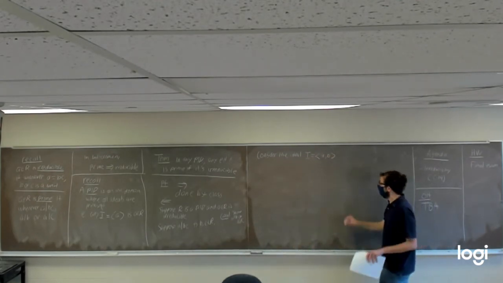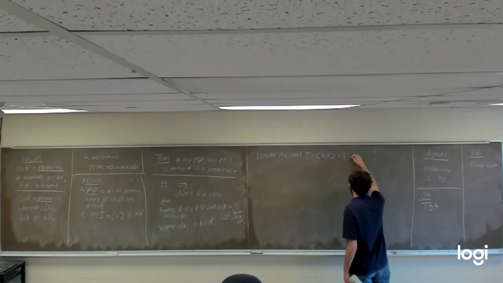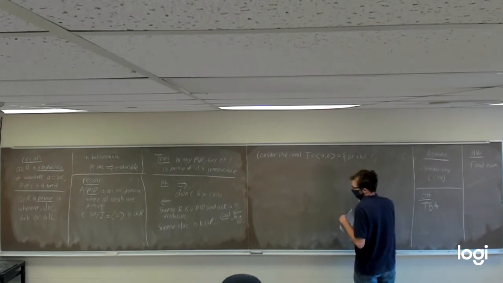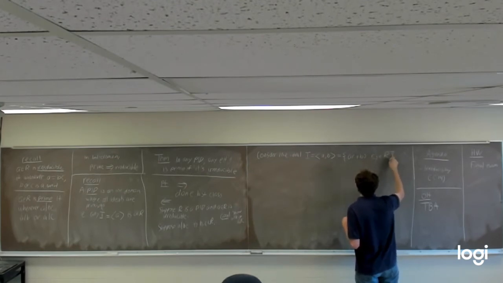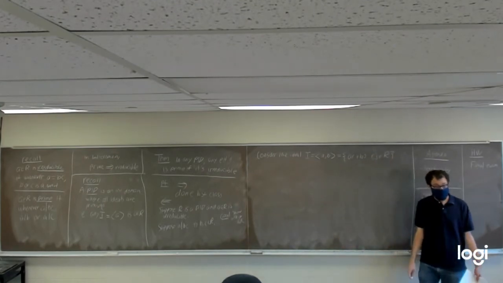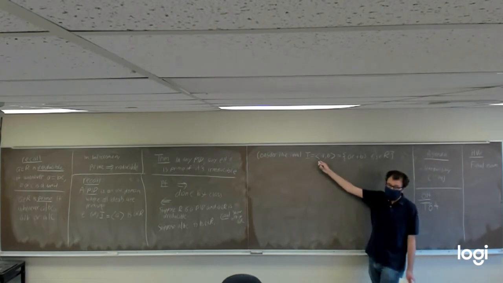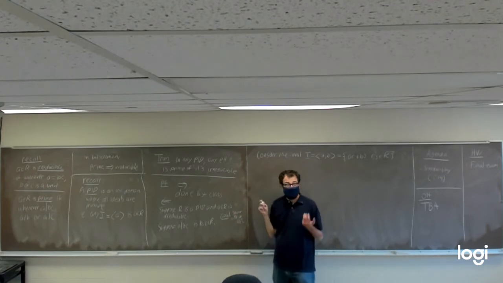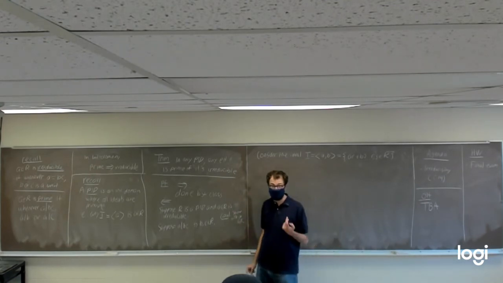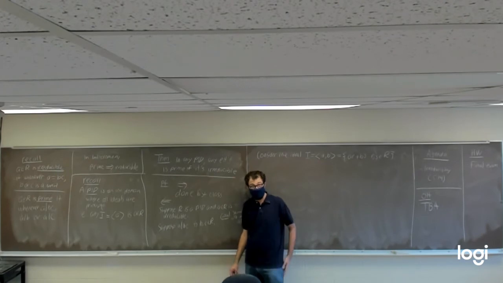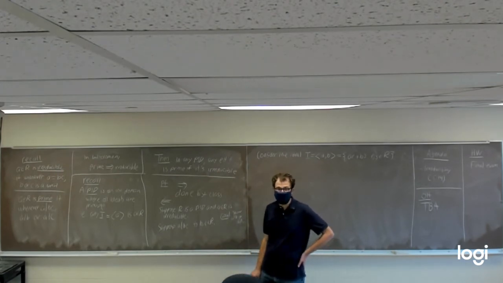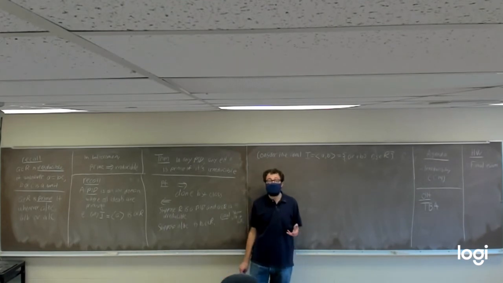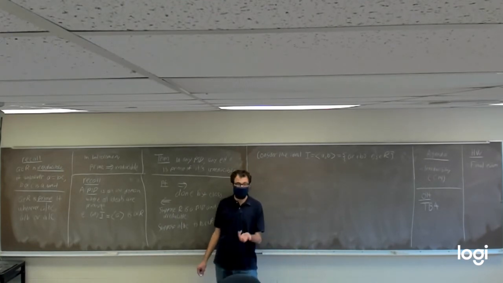Which, if you recall, we said this ideal, by definition, is the set of all elements of the form AR plus BS, where R and S are allowed to be any elements in our ring R. So we're going to look at this ideal generated by two elements, A and B. Since we're working in a PID, we know all ideals should be able to be generated by some single element. So what that tells us is that the ideal generated by A and B should be equal to the ideal generated by some single element, D.